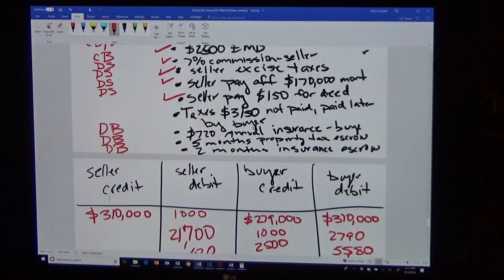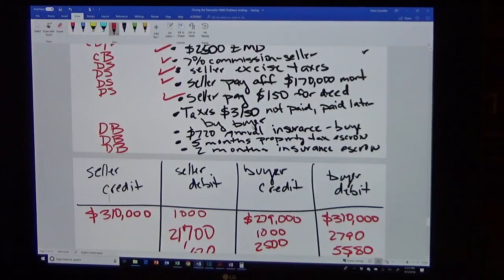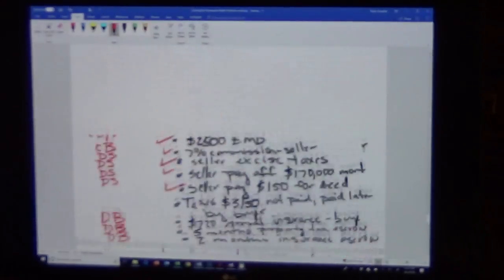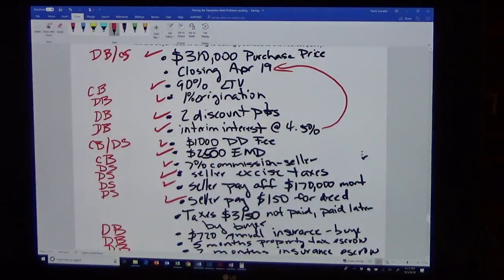Alright, go back up. So the taxes of $31.50 are not paid, they're going to be paid later in the year by the buyer. We go back to our same statements that we always use. We know we're closing on April 19th, that's important.